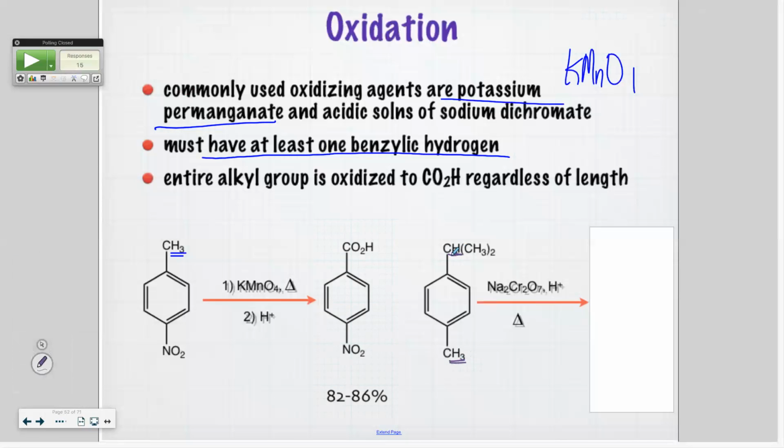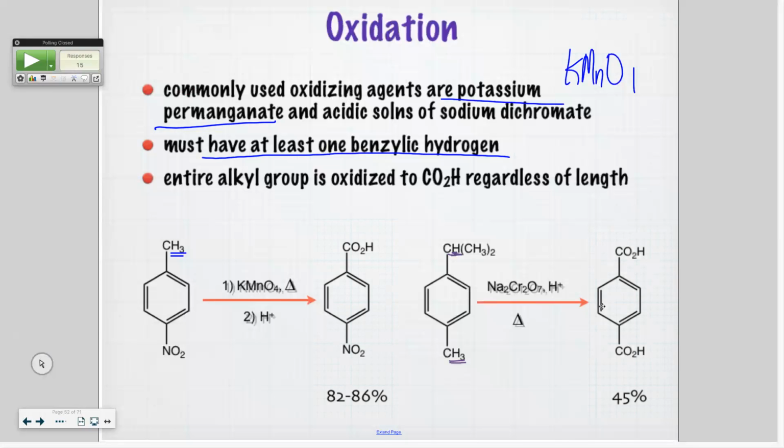So when you do that one, what are you going to get? This is going to become a CO2H, and this is going to also become a CO2H. Those 2 methyls just go bye-bye. They're just gone. I think I even had yields. Look at that, they only got 45% on that. Sad, isn't it?